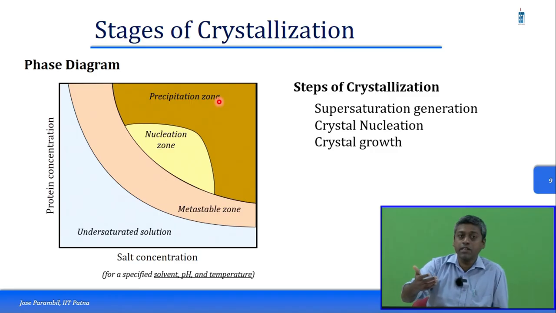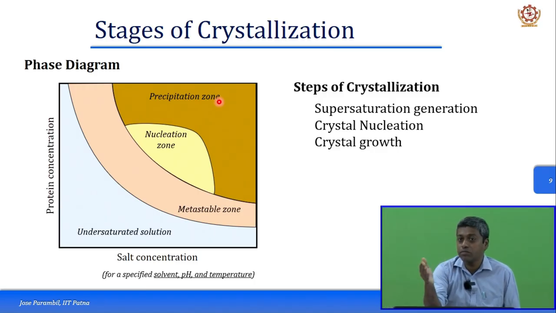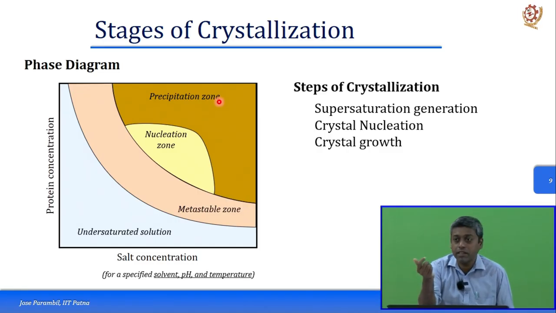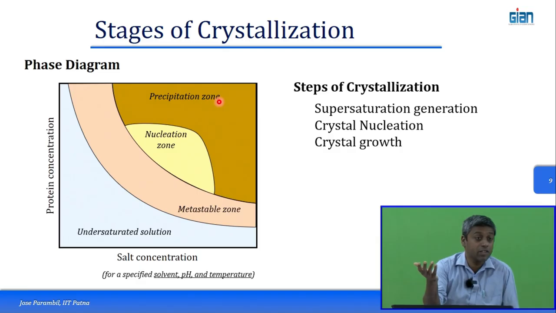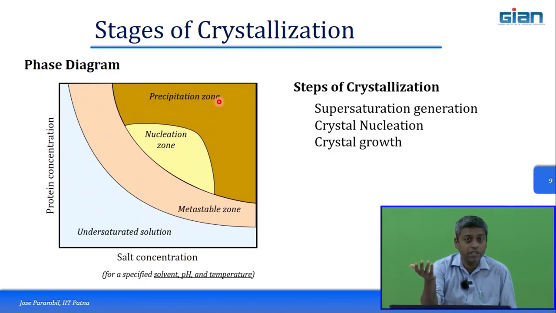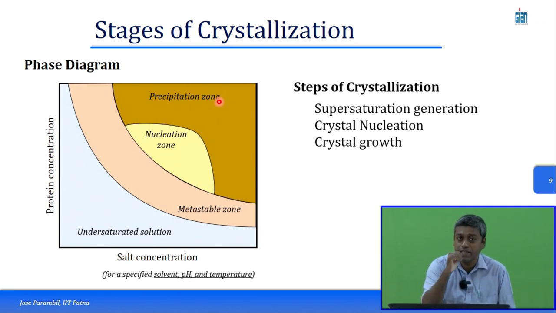In the precipitation zone, what happens is kind of an uncontrolled conversion from the liquid phase to the solid form. It can be amorphous, it can be semi-crystalline, or it can be a denatured protein as well. So it can even denature the protein, and it might just precipitate out, which is practically useless as far as the crystallization perspective is concerned.